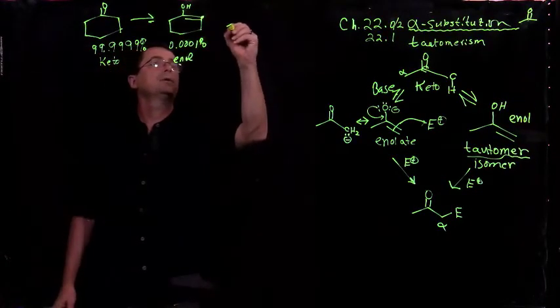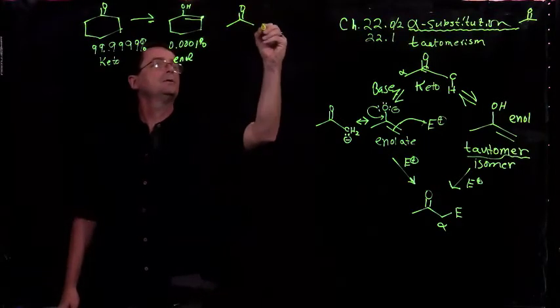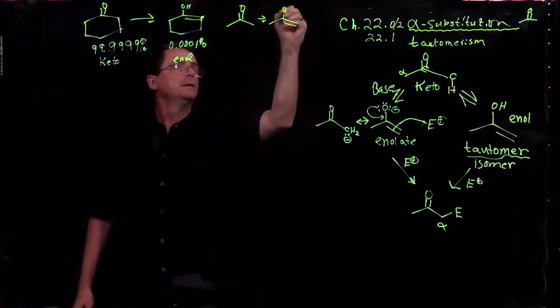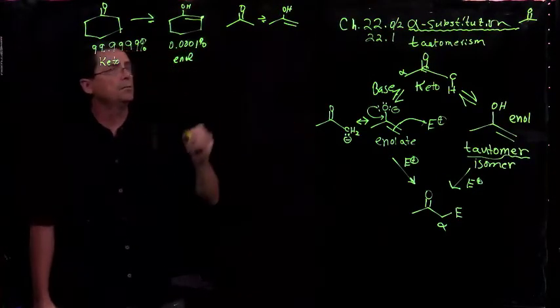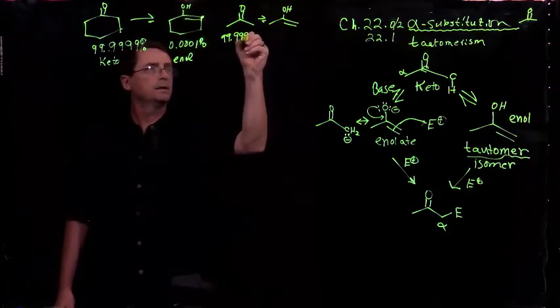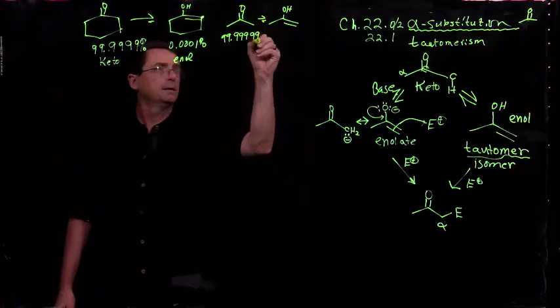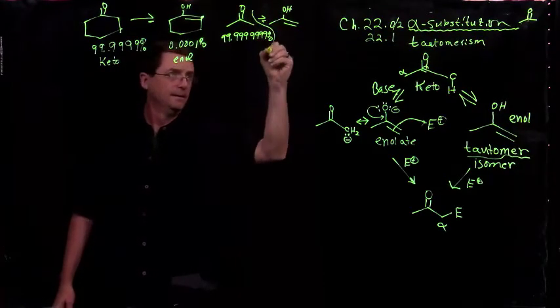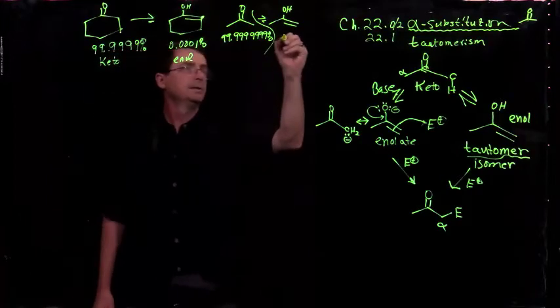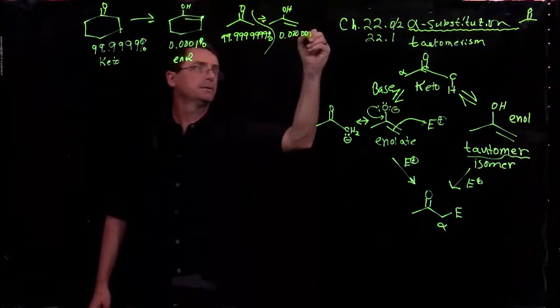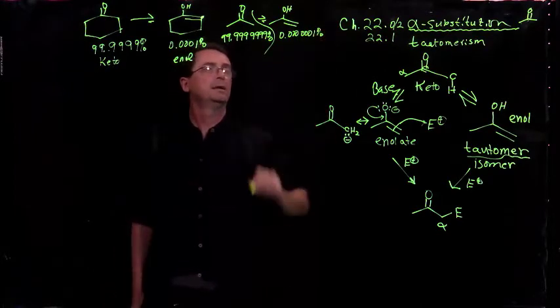Another example for you here is acetone, that's in equilibrium, again highly favoring the keto form, in this case 99.9999999% keto, so that's 0.0000001% enol.